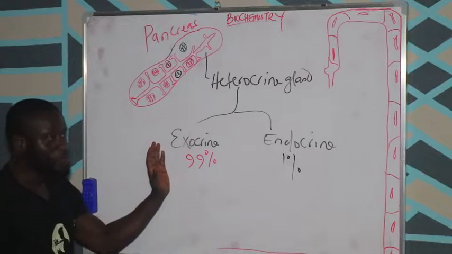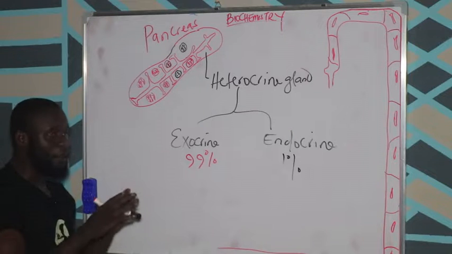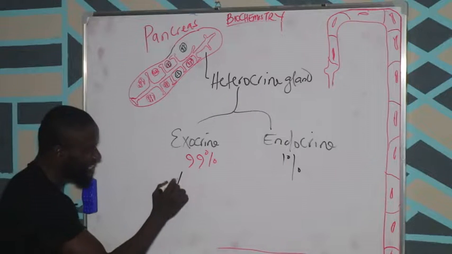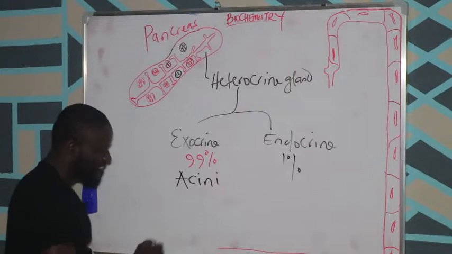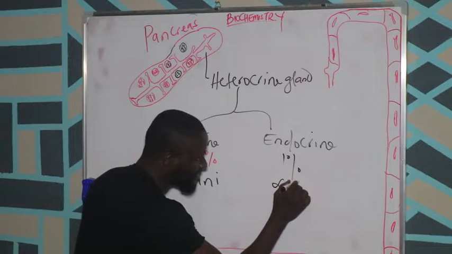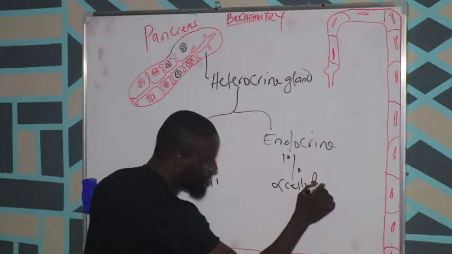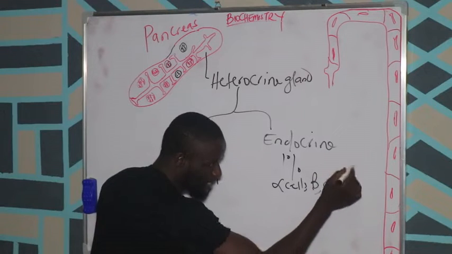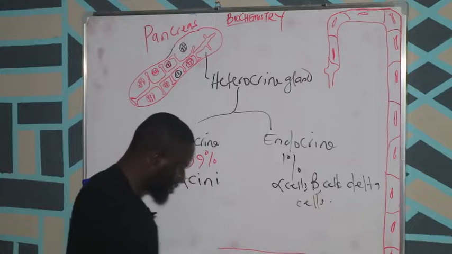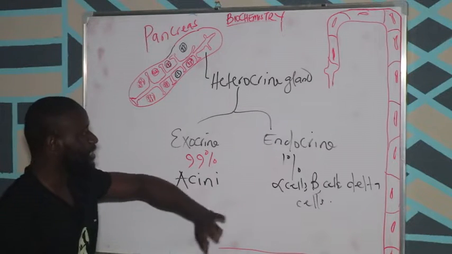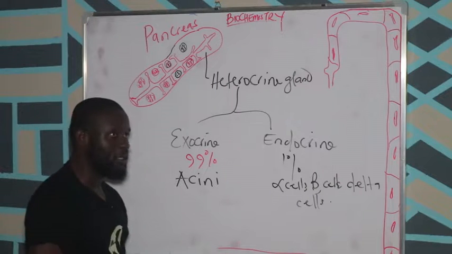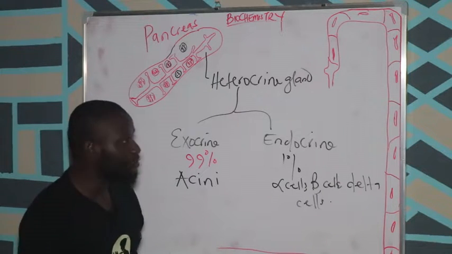So the particular embodiment of cells that the exocrine gland produces is called acini, while in the endocrine gland, we have the alpha cells, the beta cells, and sometimes the delta cells. Clusters of these are found in the pancreas that produce glucagon, insulin, C-peptide, amylin, and what have you.